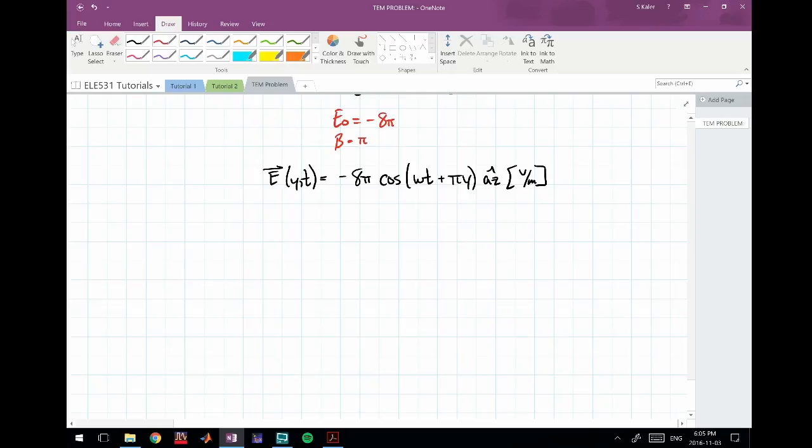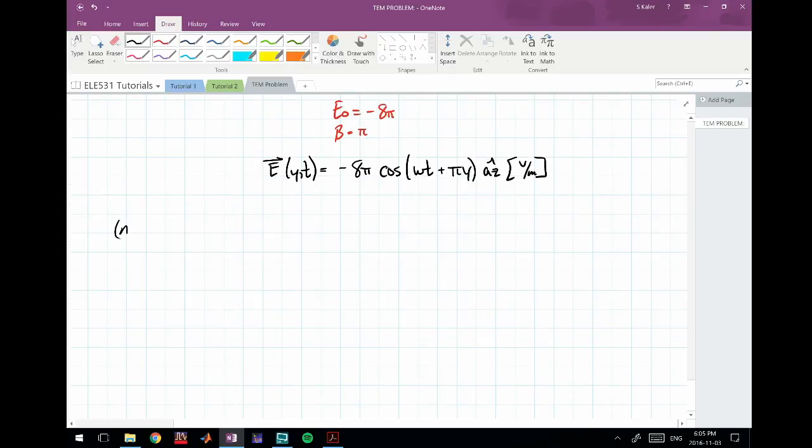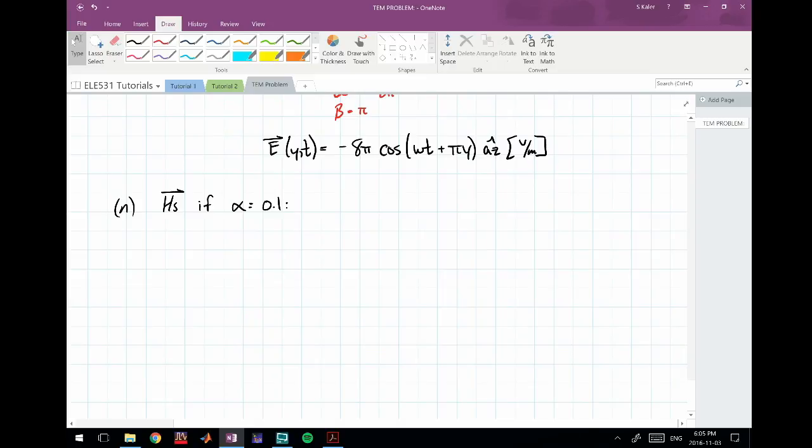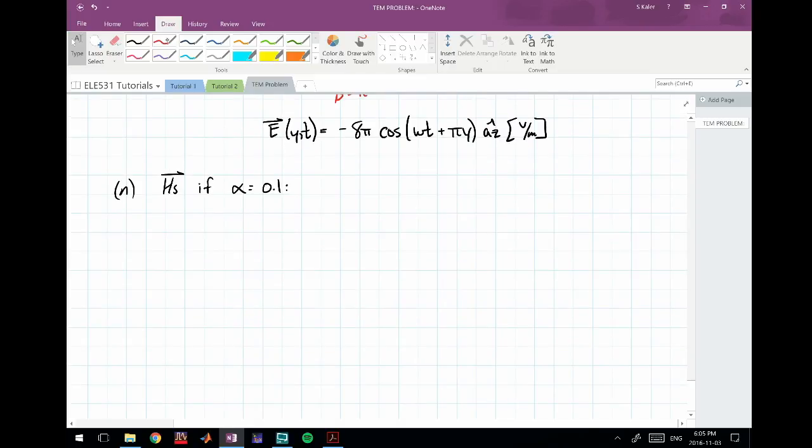Finally, we come back to the magnetic field in this question. So it asks, what is Hs if alpha equals 0.1? Now you remember that I defined gamma way back up at the top. So we know that gamma equals alpha plus j beta.